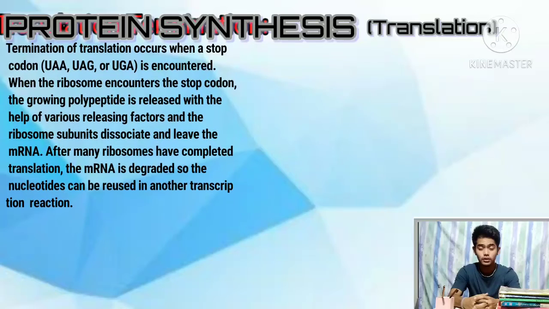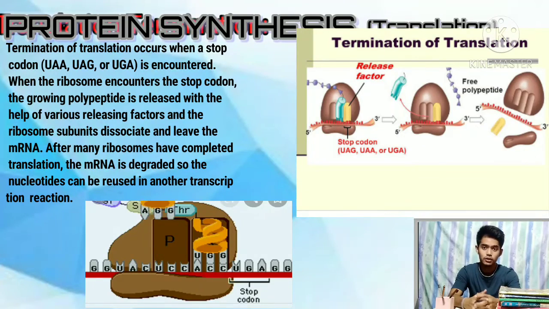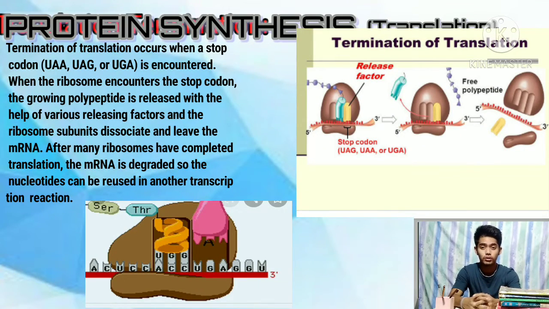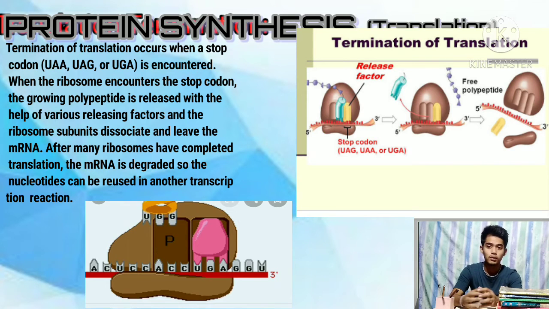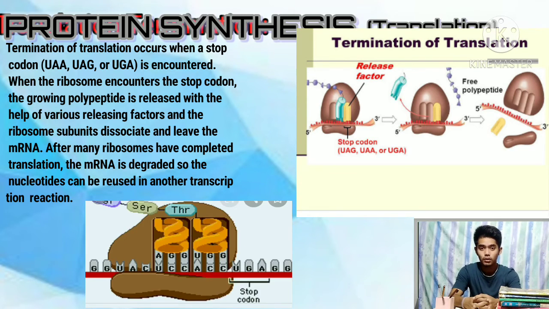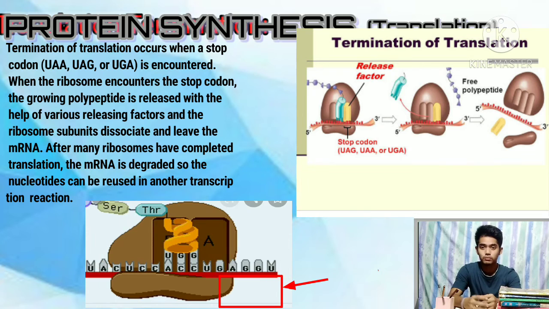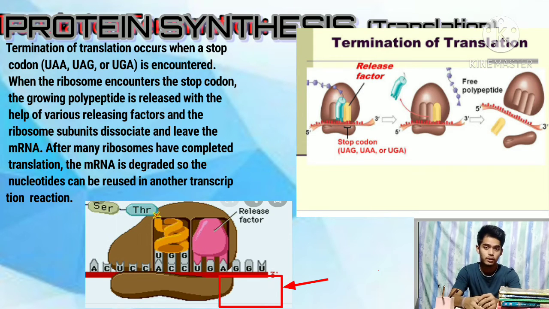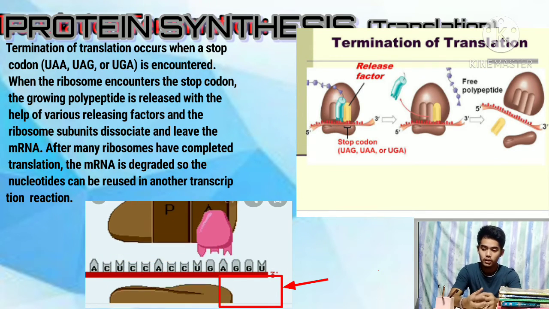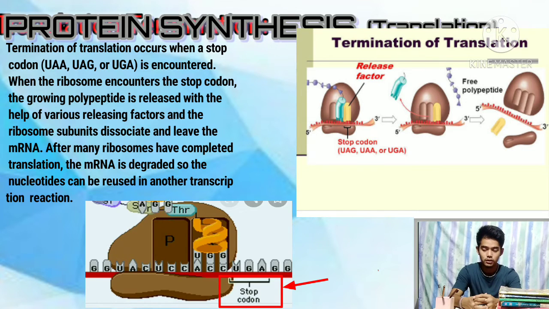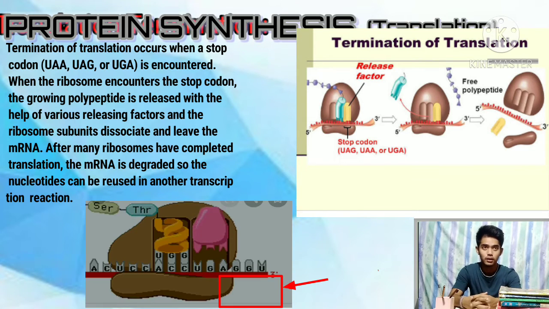In termination, translation ends when a stop codon, UAA, UAG, or UGA, is encountered.